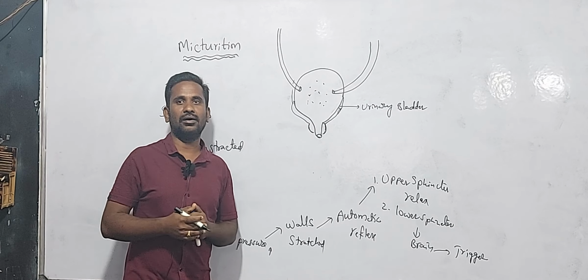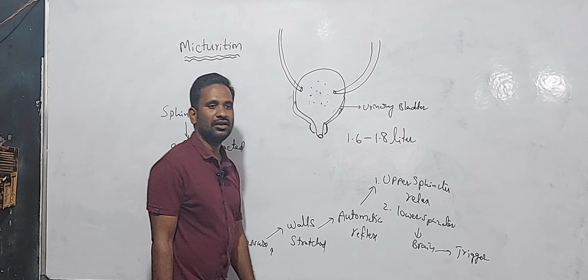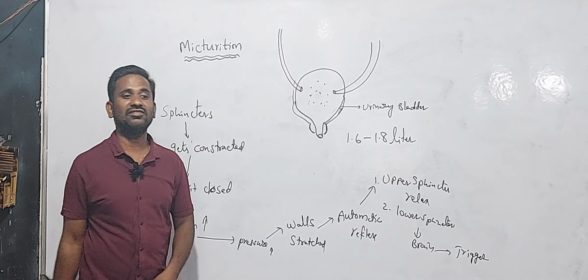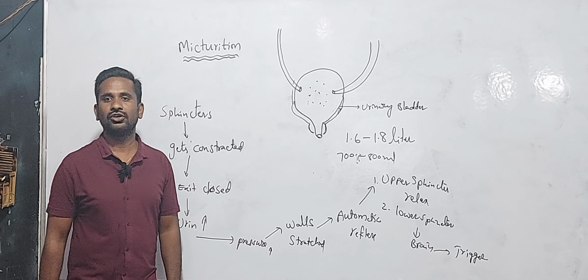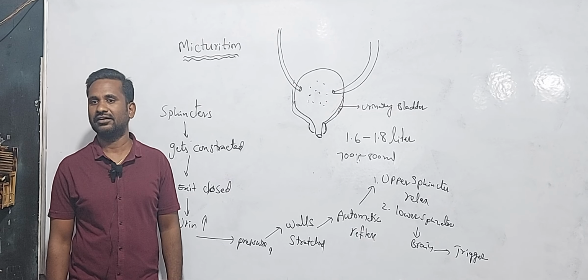How much urine can we hold in our urinary bladder? We release 1.6 to 1.8 liters per day from the urinary bladder. Maximum 700 to 800 ml of urine you can hold in your urinary bladder for a temporary period.